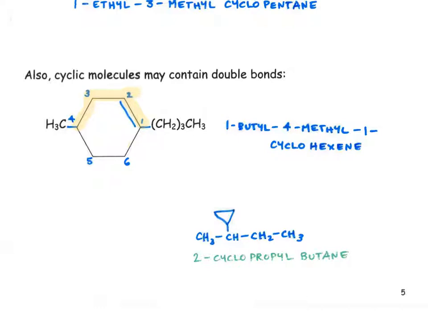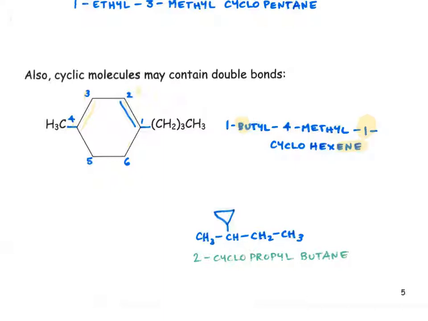When we put this together then, what we get is a cyclohexene, and the 1 in front indicates the position of the double bond. So we've got that 1 there telling us the double bond is between the 1 and 2 carbons in the ring structure. And then as before, what we're doing is positioning alphabetically.